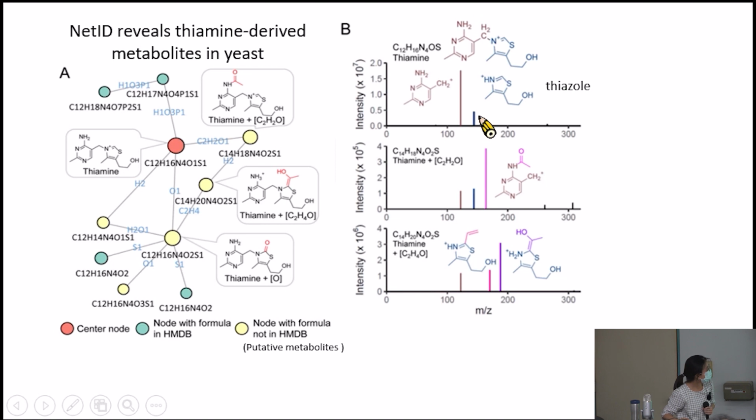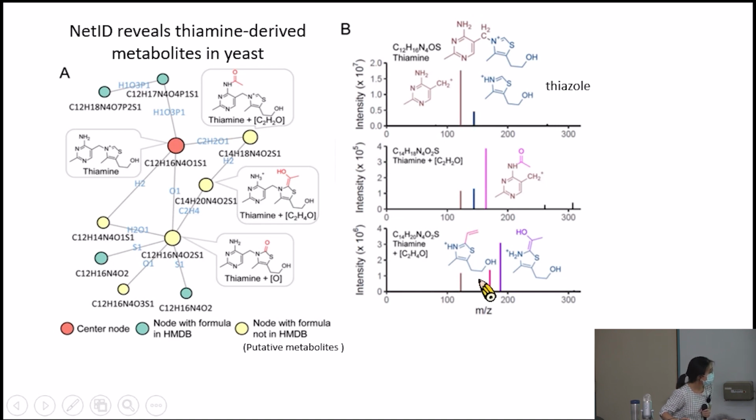And they also found that this derivative has an additional peak, which is this structure with the acetylation pattern. So it's a kind of derivative, not identical, but with additional modification. And this other thiamine derivative is here. You can find that they have a major peak here, but there is no unmodified thiazole.